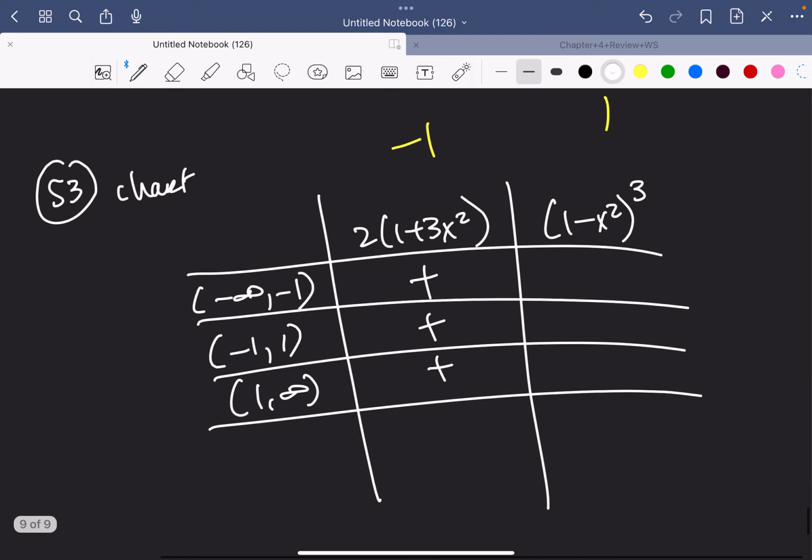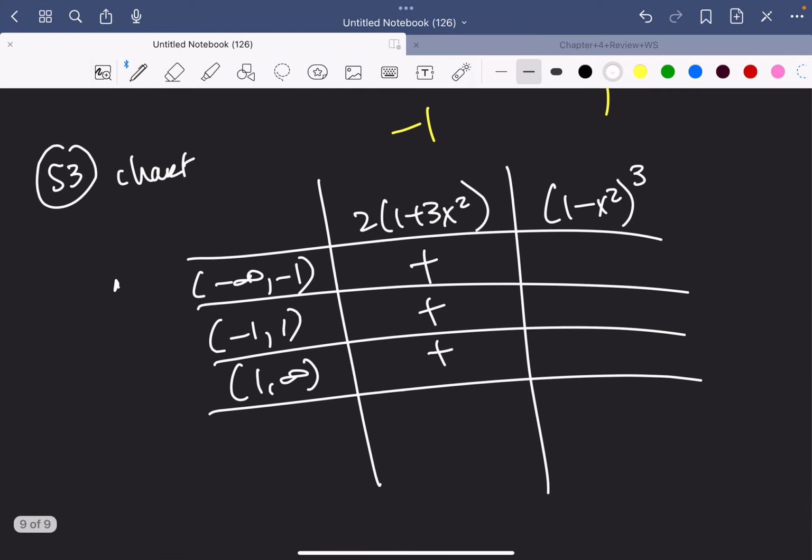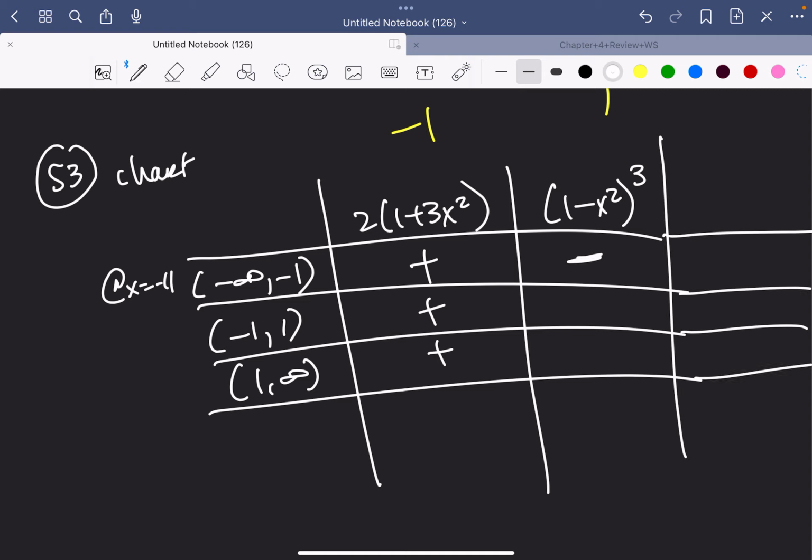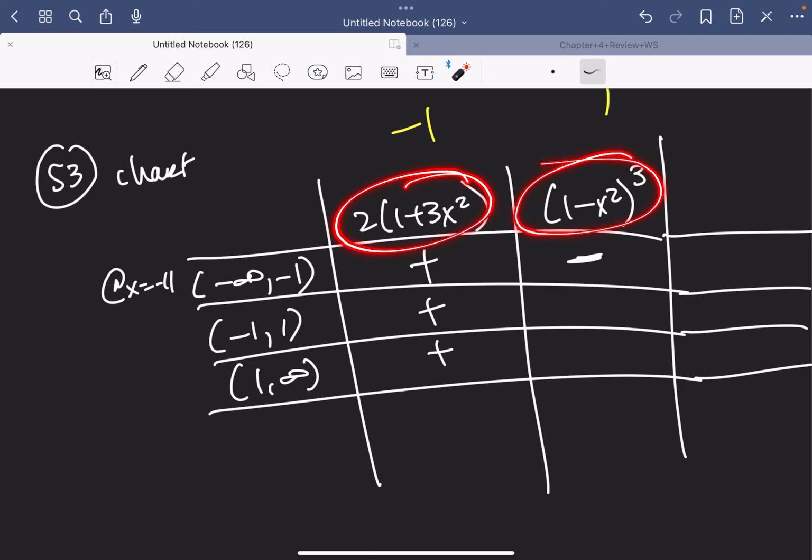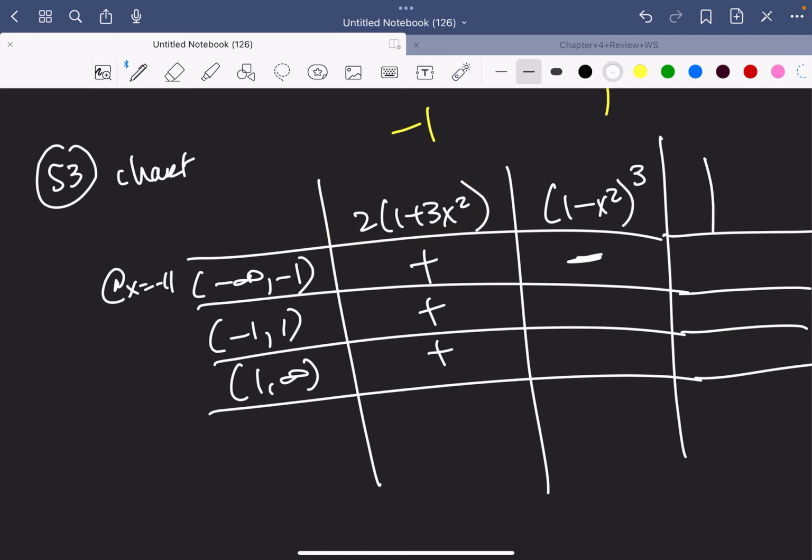Okay, so now if we plug in something in this interval, maybe like -11, I think it's pretty clear that that's going to be a negative. So this divided by this is our fraction, and we end up getting that the second derivative will end up being negative.